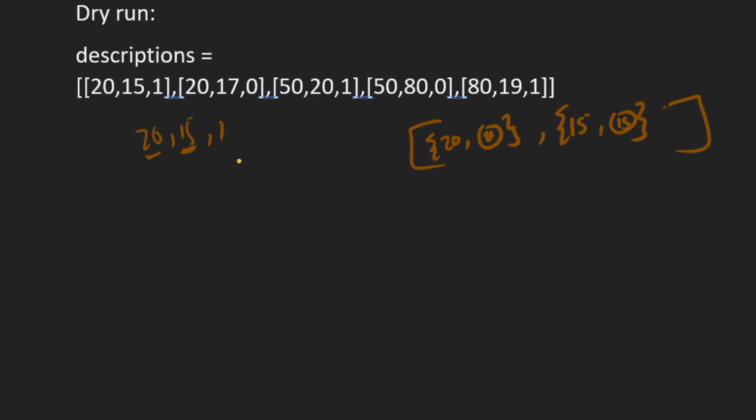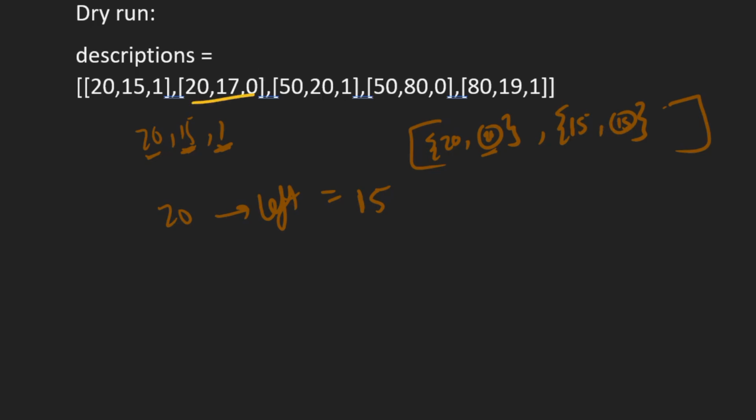After creating the nodes, we make a connection between 20 and 15. Here isLeft is equal to 1, so 15 is the left child of 20. So we take the node of 20, and 20 arrow left is equal to node of 15.